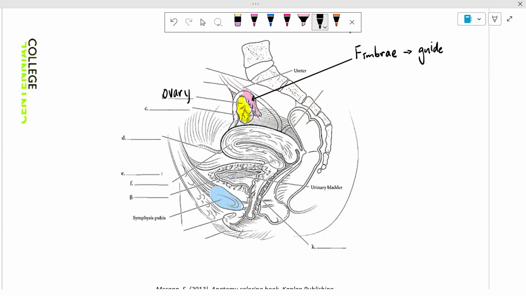They're kind of like hair-like structures, I suppose, that guide the egg into the fallopian tube.